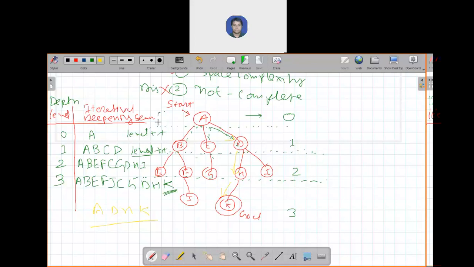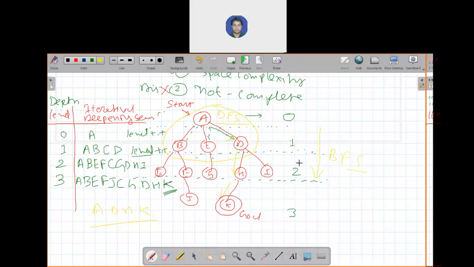In this sub search space or subgraph, we follow DFS. And where are we using BFS? When we increase the level, like from level 0 to 1, 1 to 2, you can see we are following BFS.